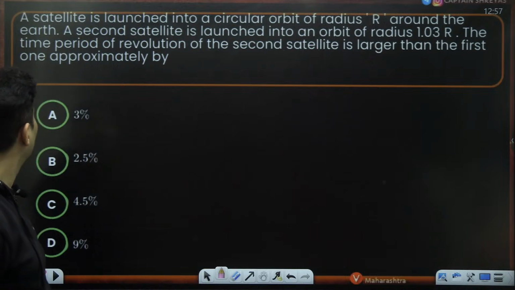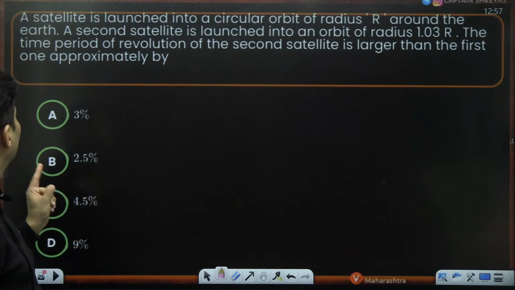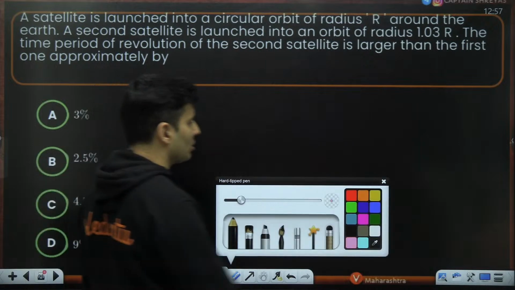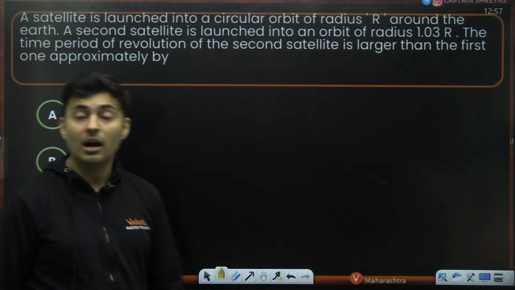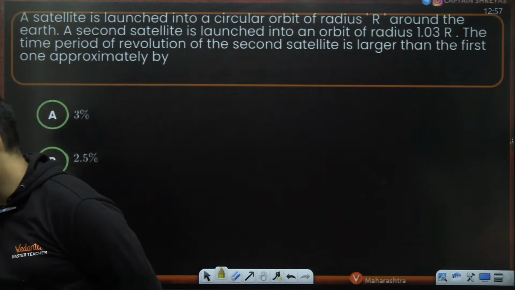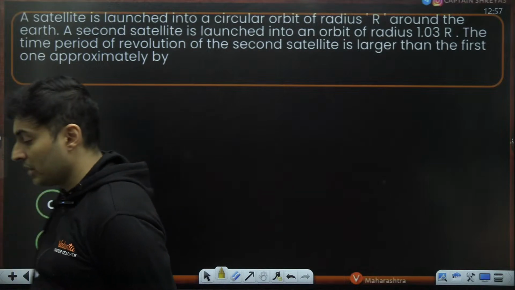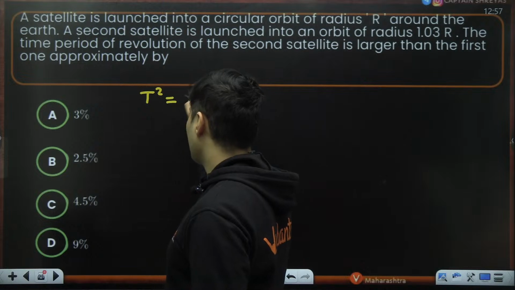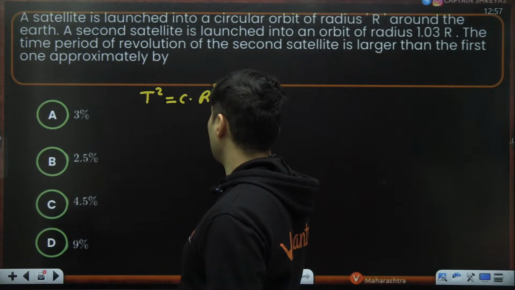Satellite is launched. Second satellite is launched. Different radius. Time period of revolution of the satellite is larger than the first by approximately how much percentage? So what will you do in this particular question? Think about it. We all know the square of the time period is some constant into radius cube.